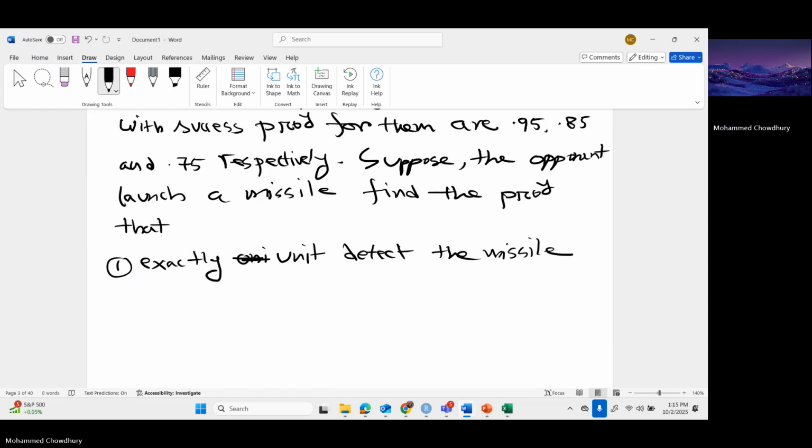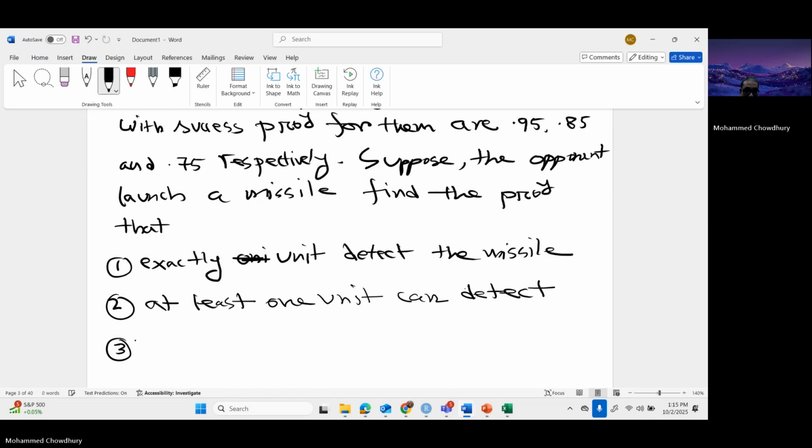Okay. Number two, at least one unit can detect. Number three, all three units can detect.